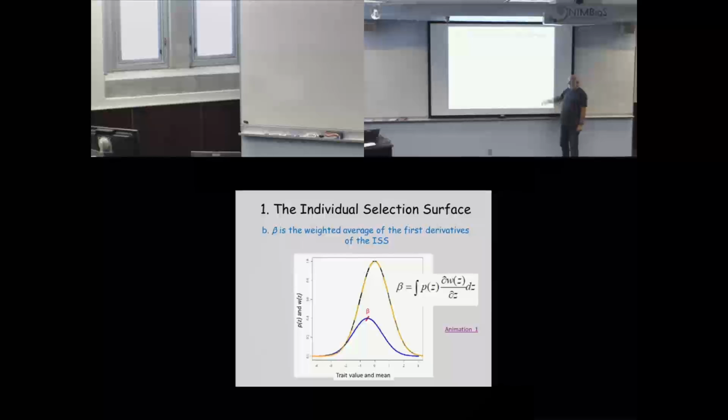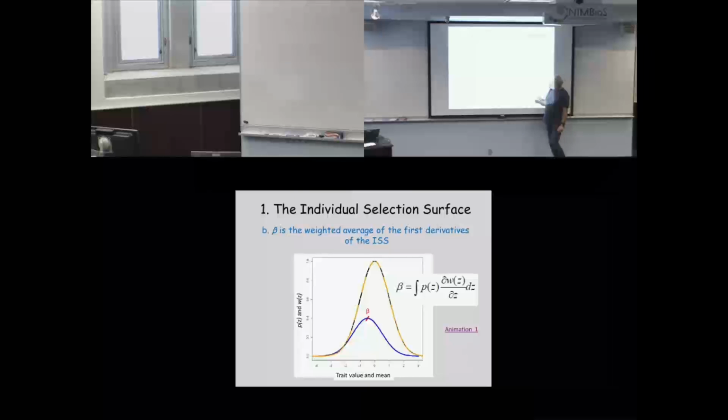This is the first derivative of the orange function, with respect to the variable we're looking at. So beta is the average of the first derivatives of the orange function, weighted at each position by the frequency distribution before selection.